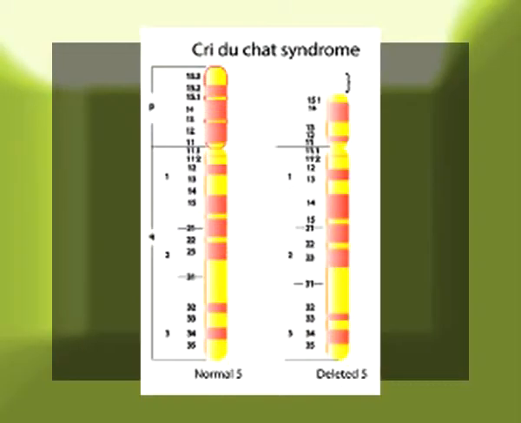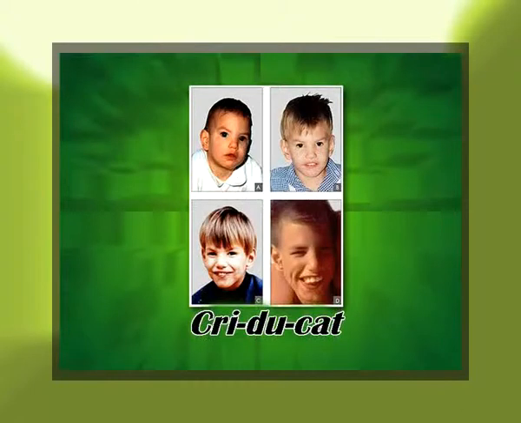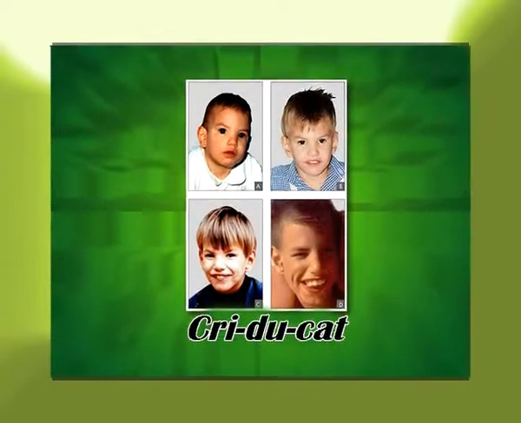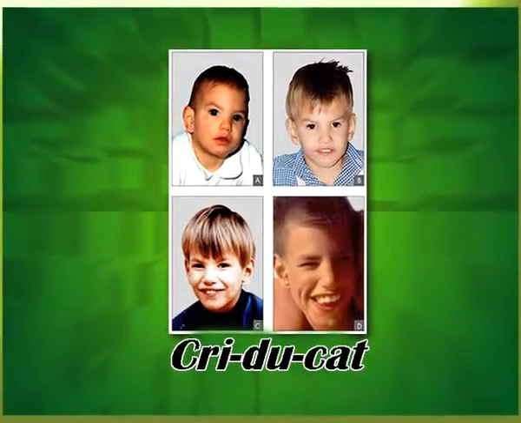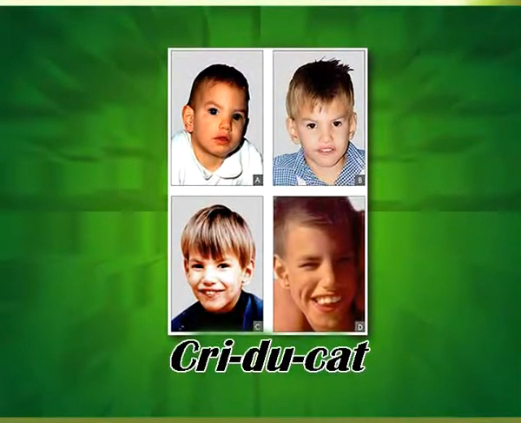Cri-du-chat syndrome, which occurs in roughly 1 in every 50,000 live births, results from a deletion on the short arm of chromosome 5, one of the larger human chromosomes. Children with cri-du-chat syndrome are severely mentally retarded, have a number of physical abnormalities, and cry with a sound like the meow of a cat. Hence the name, which is French for cry of the cat.